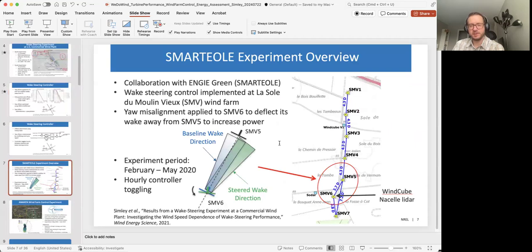For the SMARTEOLE experiment, yes, the data from this February to May period, 1-minute samples, are available on Zenodo. And if you go to the FLASC software, there are functions for downloading that data from Zenodo. I don't have the link to Zenodo anywhere in the slides, but these data are available.